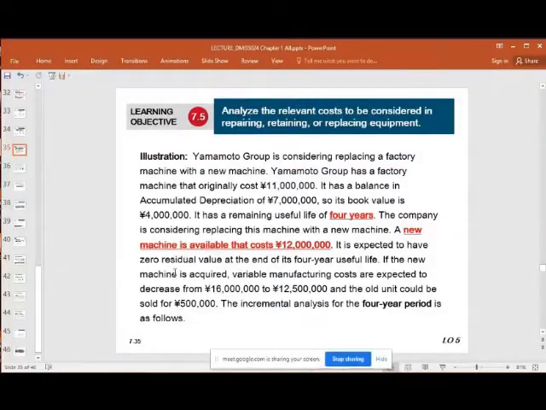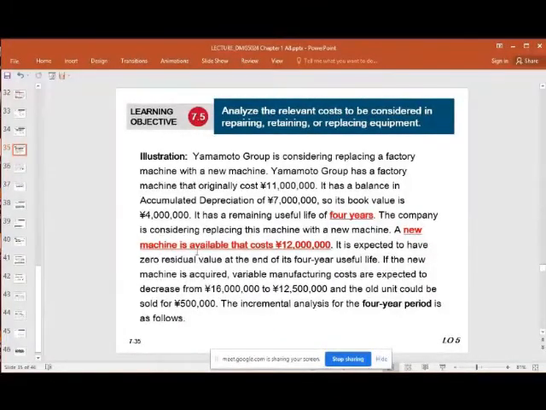That means when you sell it after you use it for a few years, if you get a number, then that is called your residual value. One good example will be cars. If let's say you buy a Myvi, you use it for 5 years, and then when you sell it, maybe you get 20,000. That 20,000 is your residual value.